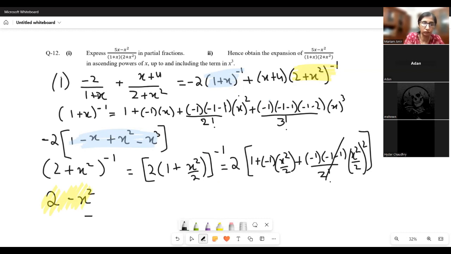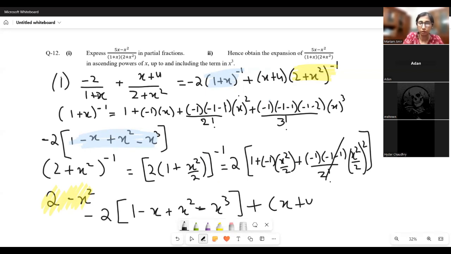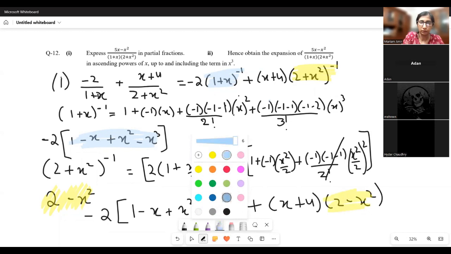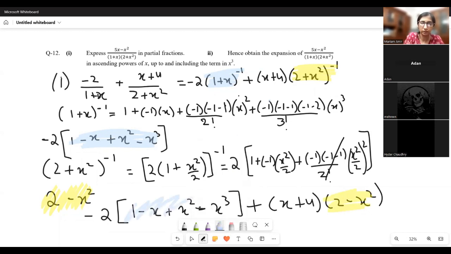So I have minus 2 times 1 minus x plus x squared minus x cubed and then plus x plus 4 times 2 minus x squared. So expanded part and expanded part. I hope I haven't missed anything here.